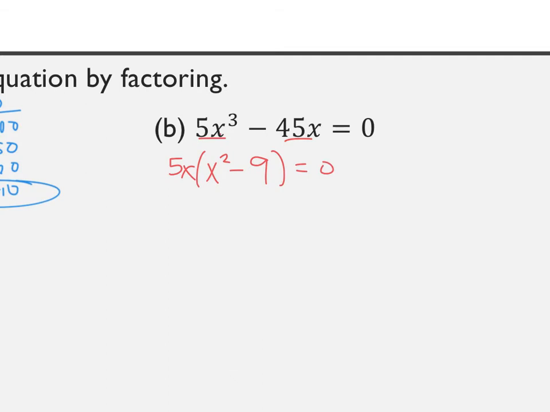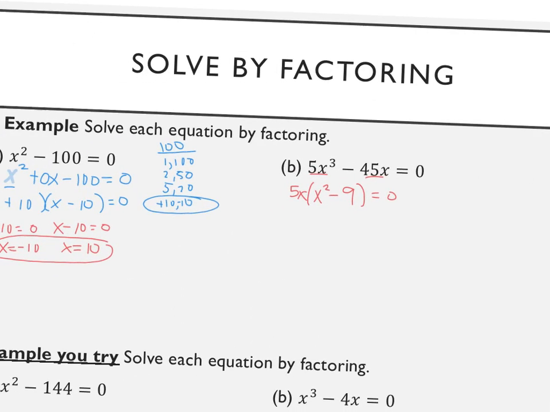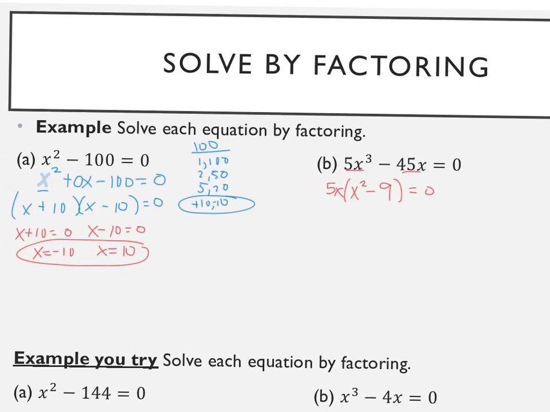And notice we have a similar situation that we had with x squared minus 100. We know that x squared is a perfect square, and we know that 9 is a perfect square. So we're thinking to ourselves, factors of 9 that add to give me 0. Well, 3 and 3. We can say (x plus 3)(x minus 3) equals 0, right? If I list my factors of 9, I have 1 and 9 and 3 and 3.